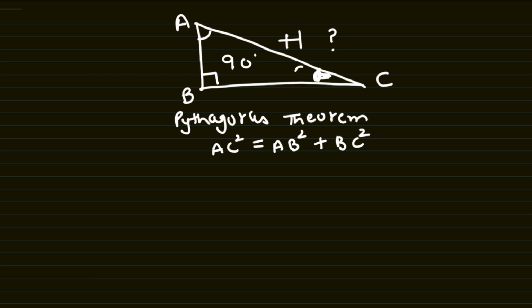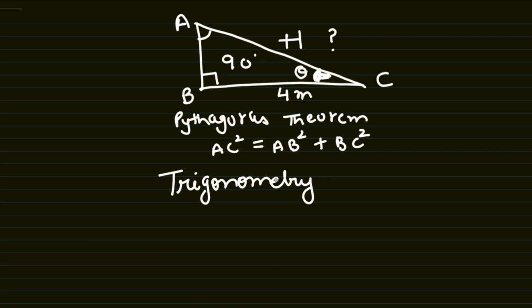If you know this angle ACB as angle theta and you have this side BC as 4 meters, then can you find this side AC? For this purpose, we use the concept of trigonometry.